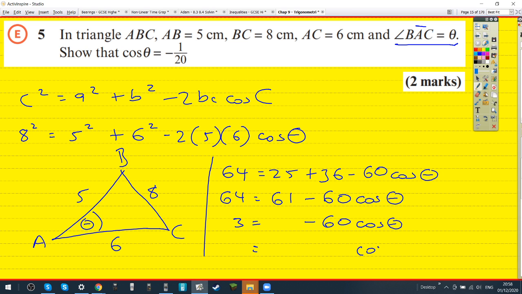We want to get cos theta by itself. So could you divide by minus 60? Yep. So it'd be minus 1 over 20 equals cos theta. And that's what we were trying to do. So 3 over minus 60, minus 1 over 20.